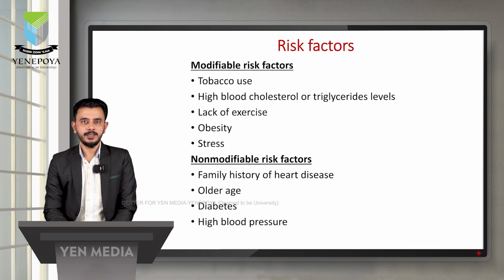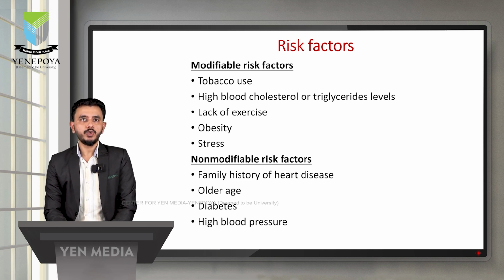Coming to the risk factors. These all are the risk factors of angina pectoris: modifiable risk factors and non-modifiable risk factors. Modifiable risk factor means we can modify it and prevent angina pectoris, and non-modifiable means family history or genetic ones.